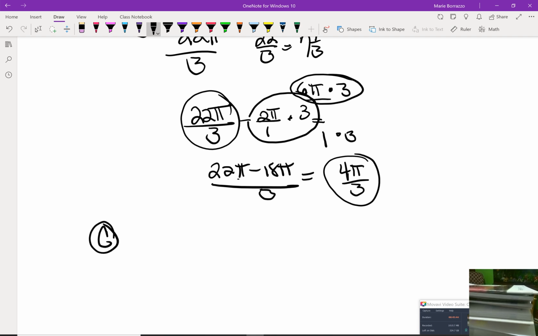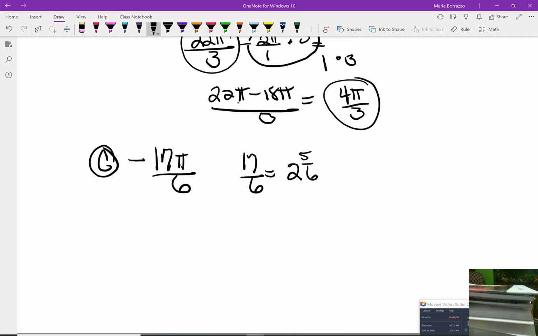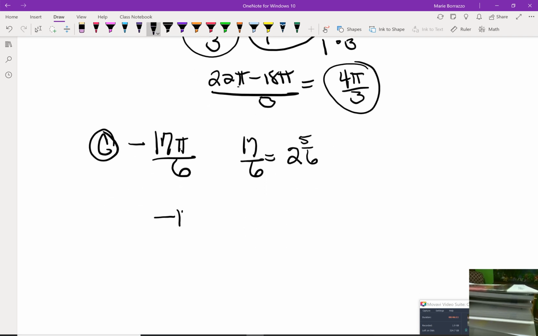Let's look at part C. I have negative 17 pi over 6. If I take 17 and divide it by 6, I end up with 2 and 5 over 6. Technically, if I look at this from a math perspective, I'm going to add 4 pi, basically.